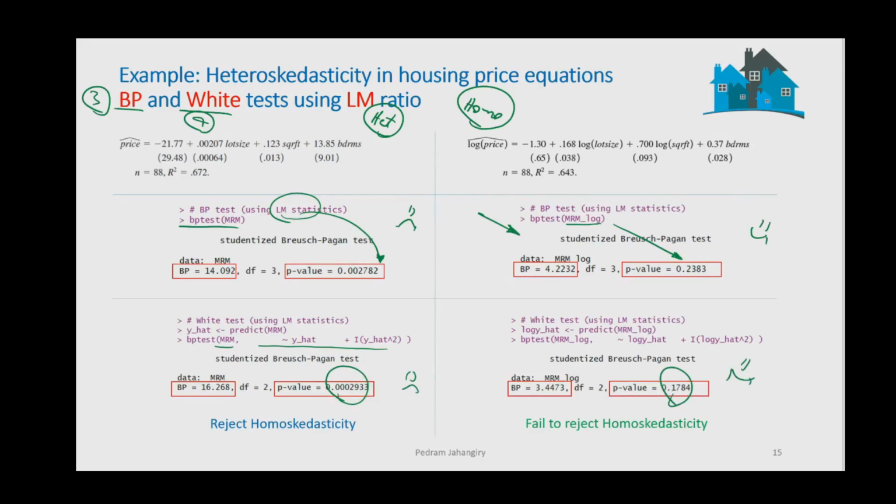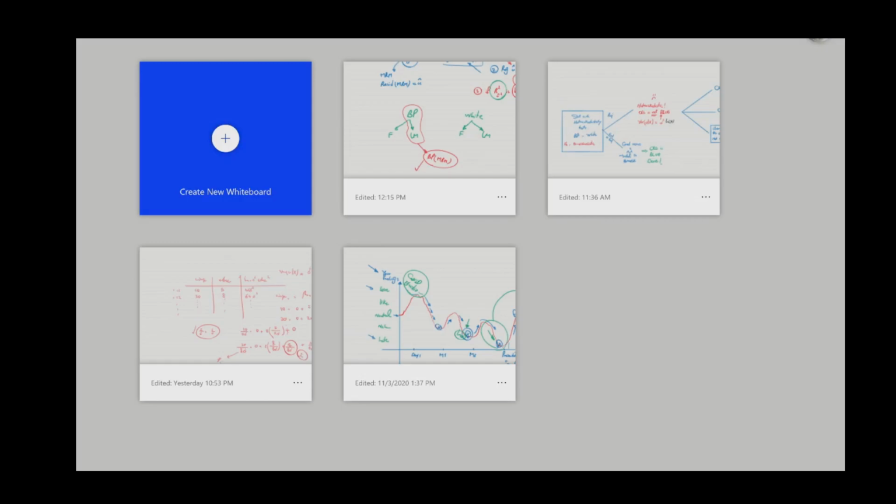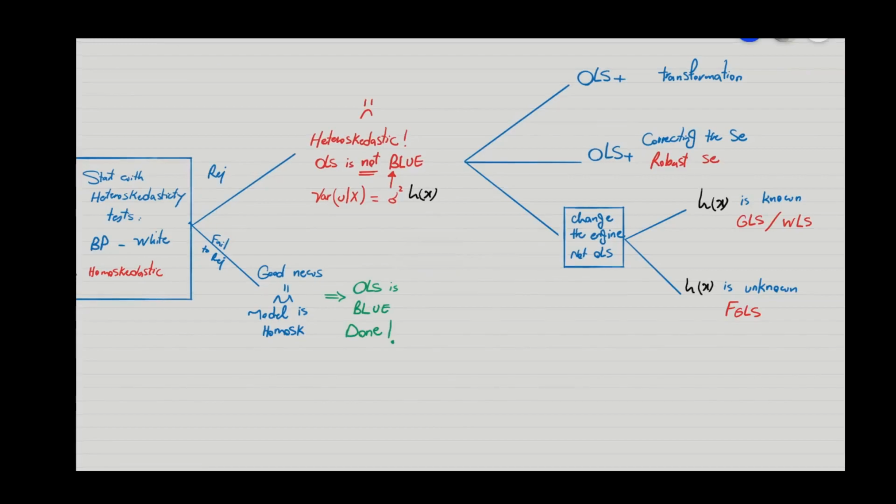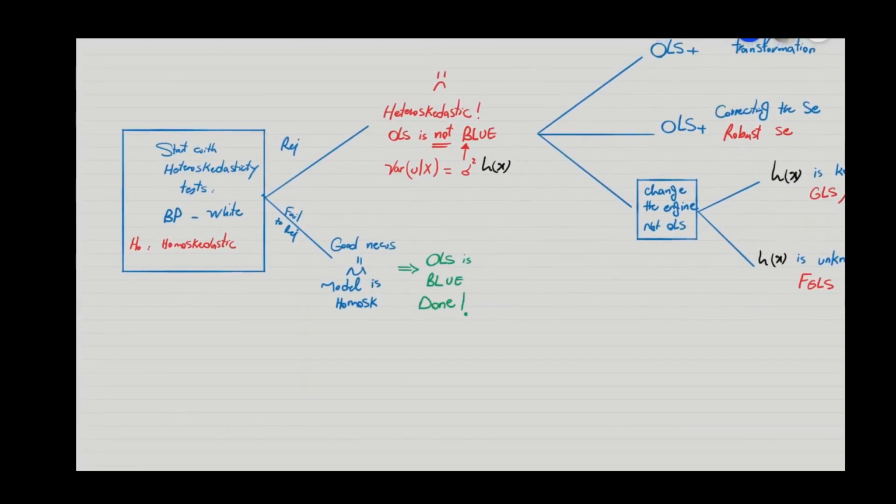Okay, so what is the takeaway? If you feel a little overwhelmed about why we have so many different versions of that, here's the takeaway that I want you to remember. We are here. This chapter, in terms of application, cannot be easier than that. Run your regression model, whatever it is.